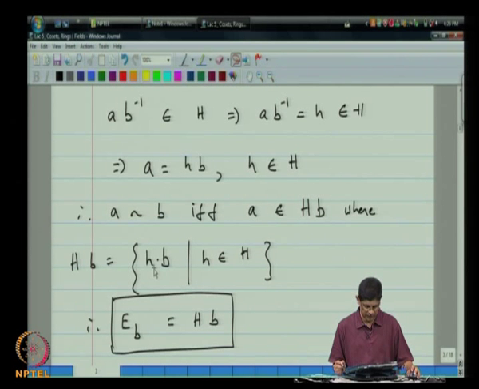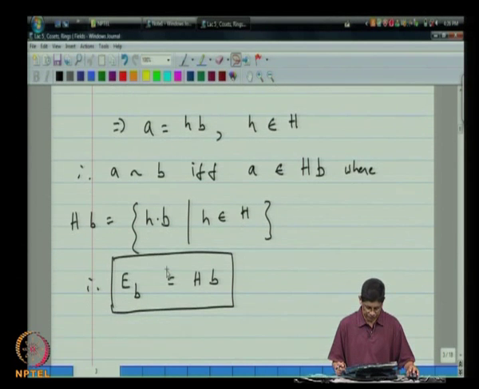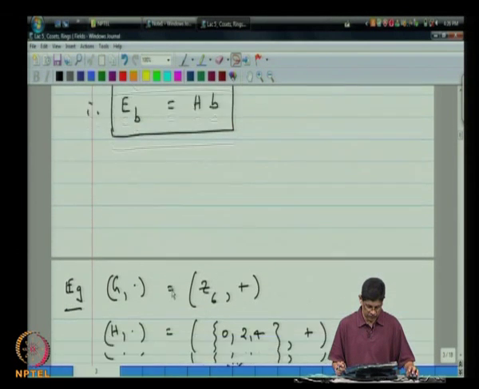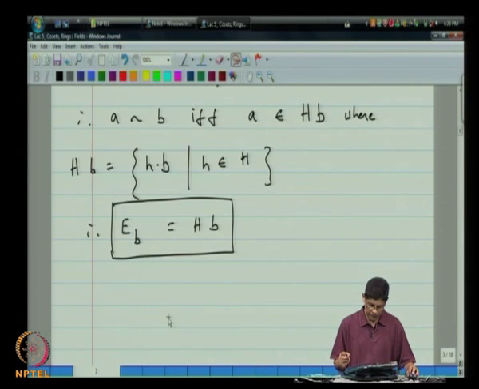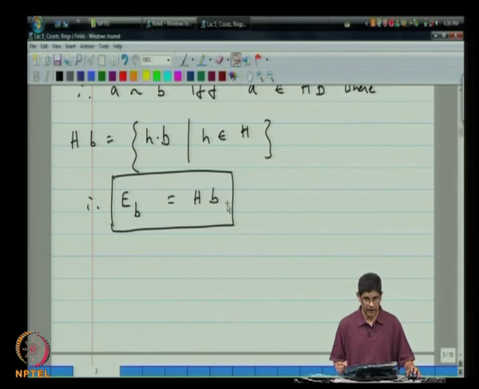That is simply defined as all products in which B multiplies on the right side all the elements in H. These were the things, and we looked at examples. Now, it is precisely these elements that are actually called cosets.